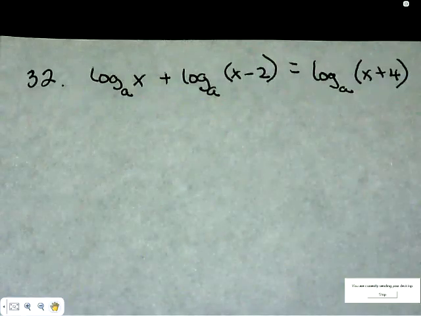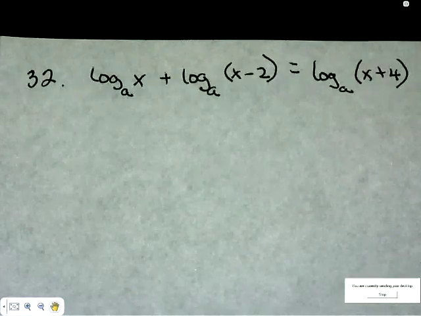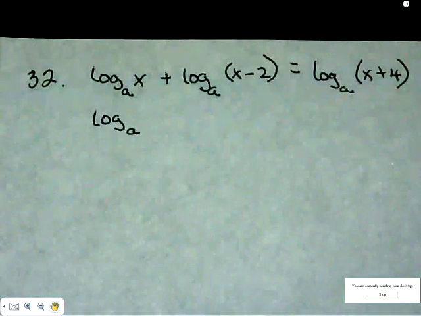I don't know what the base is, but I don't really have to. As long as the bases are the same, I can solve this problem. If the bases weren't the same, I'd be stuck here. Regardless of whether this is case 1 or case 2, what's the first thing I need to do? Put that left-hand side back together as a single logarithm. It would be log base A of what? X times x minus 2.